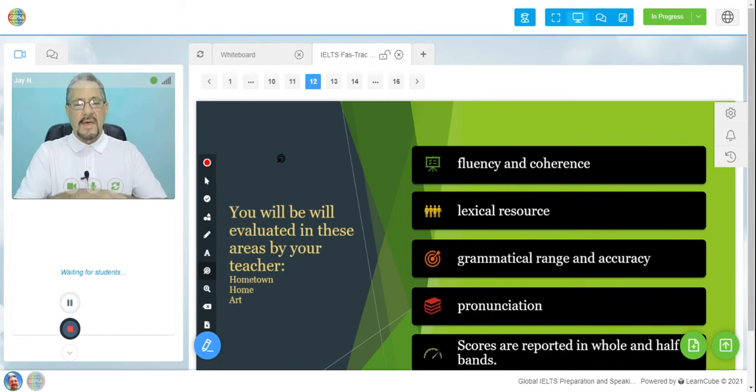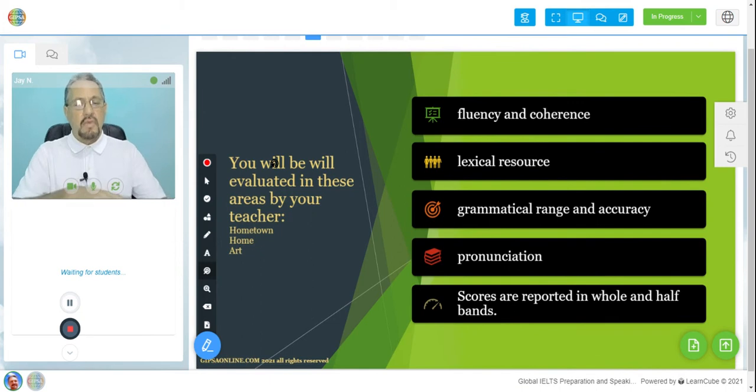And then we go in each lesson, like this is part one. We go in and do 3 simulations. This is one of the most important parts here: we will evaluate very, very closely fluency, coherence, lexical resource, which is vocabulary, right?